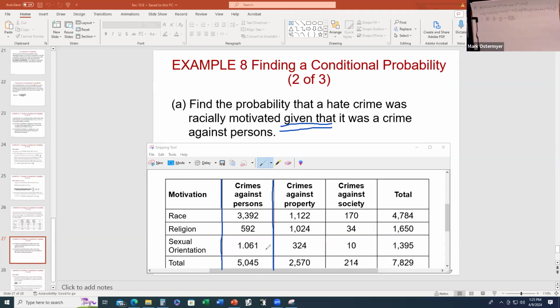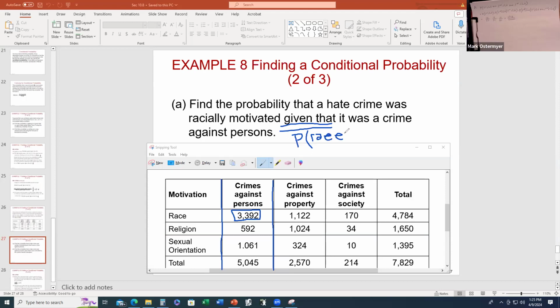Well, ladies and gentlemen, of the 5,045 crimes against persons that we're locked into, how many were racially motivated? Right here, 3,392 over 5,045. So the probability that a hate crime was racially motivated, I'm just going to say race for short, because I don't like writing with the mouse. It drives me nuts.